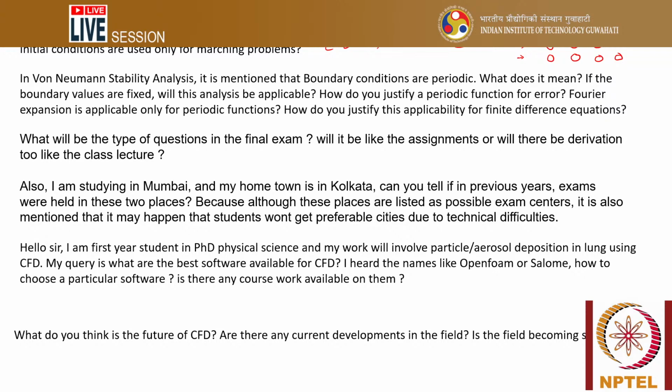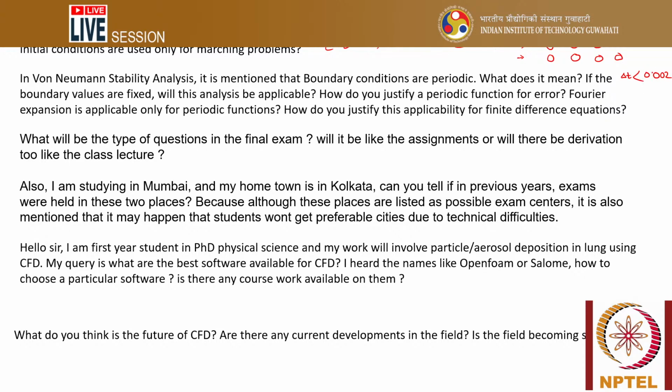If you solve some problem using periodic boundary conditions, and from von Neumann stability analysis delta t is restricted by, let us say, 0.002.